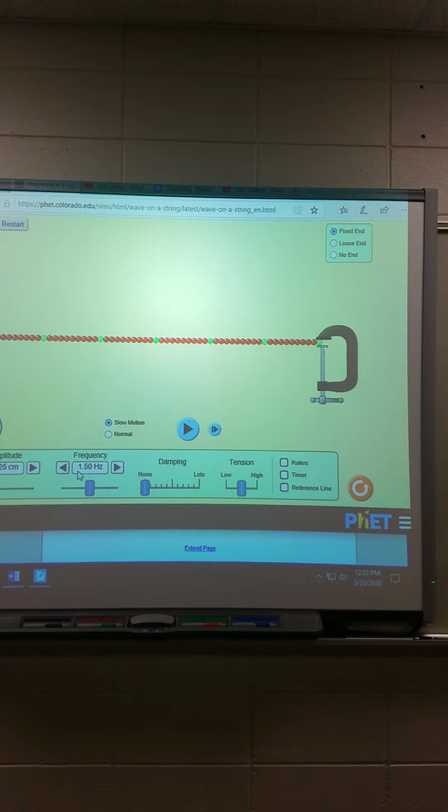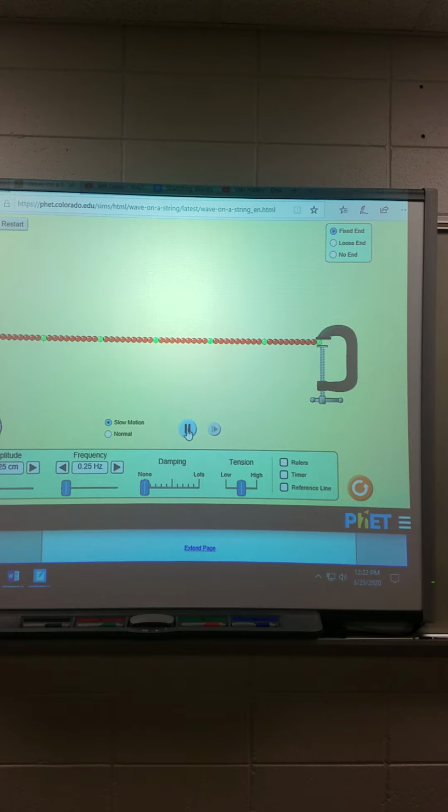I'm going to change the frequency down to 0.25 hertz. Basically, if it's at 0.25 hertz, then there's going to be one vibration every 4 seconds. I'm going to slow-mo this a little bit. There we go.